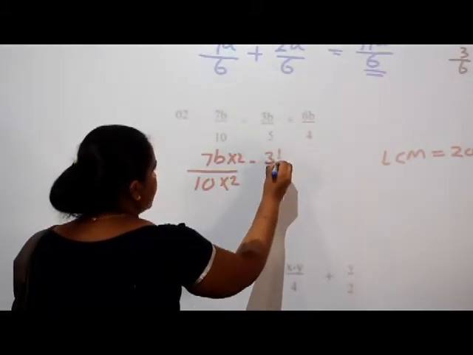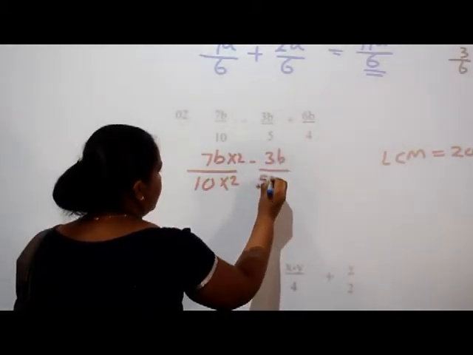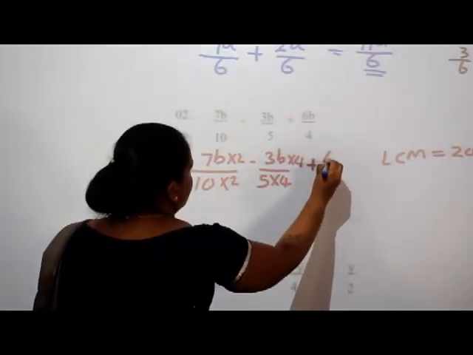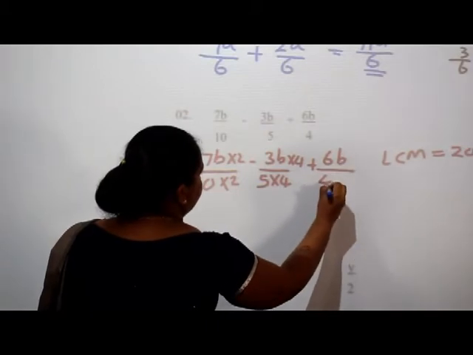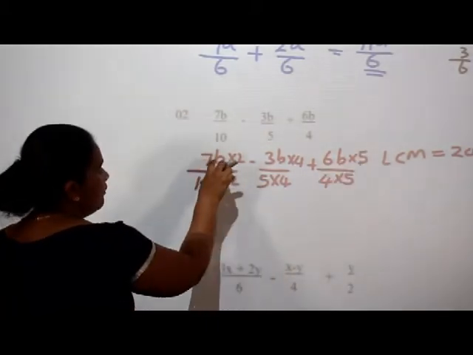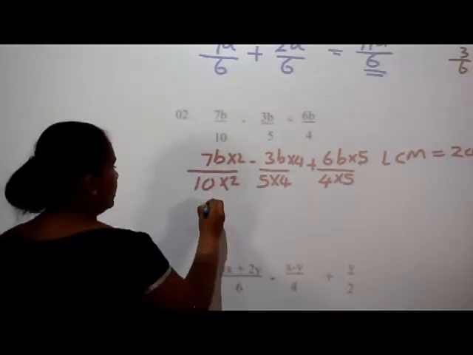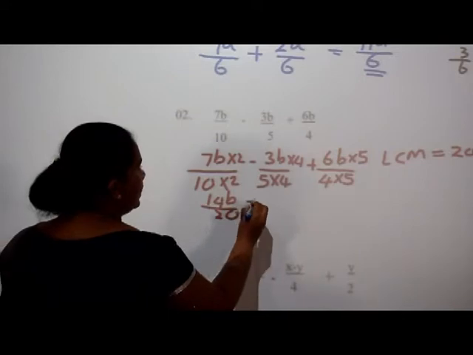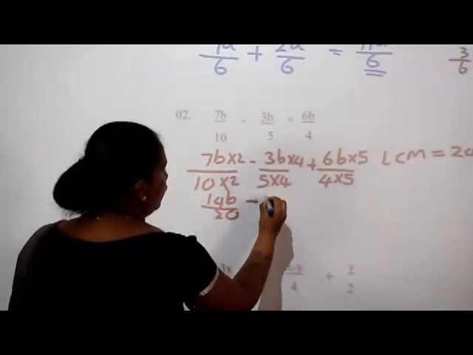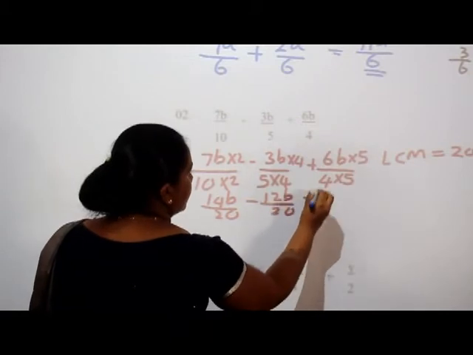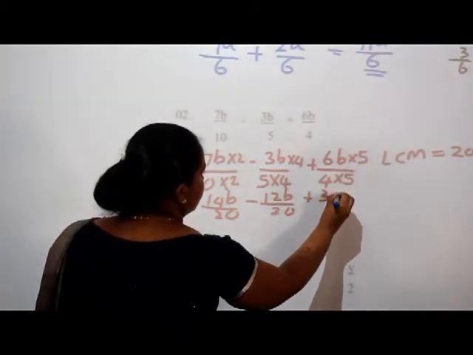Then here, you should multiply by 4. Here, you should multiply by 5. Just easy. 7b into 2, 14b over 20. Here, 3b into 4, 12b. 6b into 5, 30b.